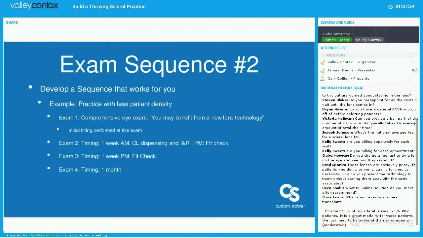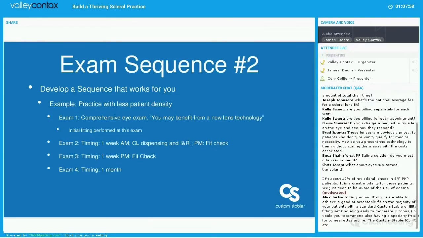We're back to Chris Jaron about corneal transplants. I fit a large amount of my scleral patients who are actually post-transplant. I think that is a great modality for these patients. You can keep the lens off of their cornea and not upset that diseased tissue, and we can achieve great comfort and vision. I think you just need to be real cognizant of the fact that edema is a possibility, and so monitor these patients closely and fit with the highest oxygen permeability that you can.